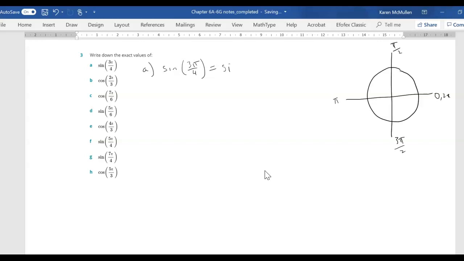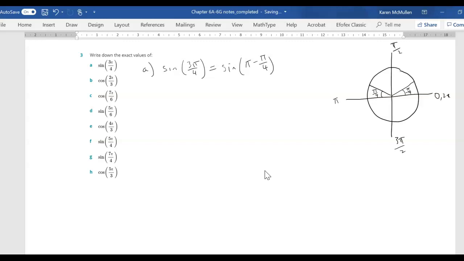It does help you do your exact values if you think of it as 1 pi minus pi on 4. So we are effectively in this quadrant here. This angle here is pi on 4, which is the reference angle.